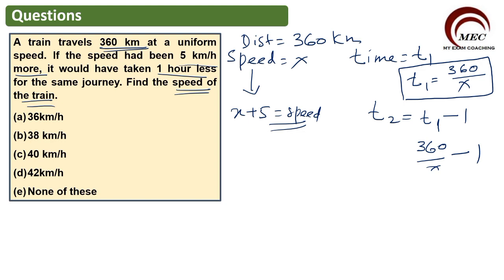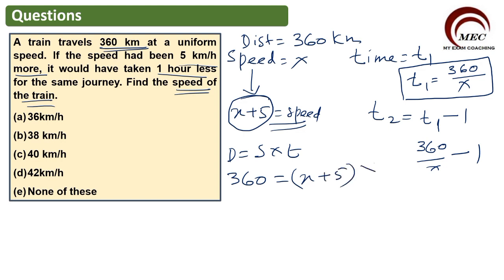So now we have a formula. Distance is equal to speed into time. We know distance is how much? 360 is equal to the new speed, x plus 5, multiplied by this, our new time. When you solve it, you get 360 is equal to, here you get x multiplied by 360, which will again become 360x.